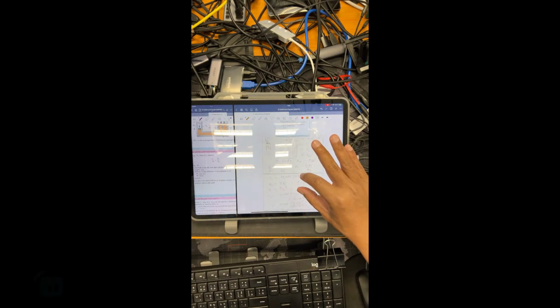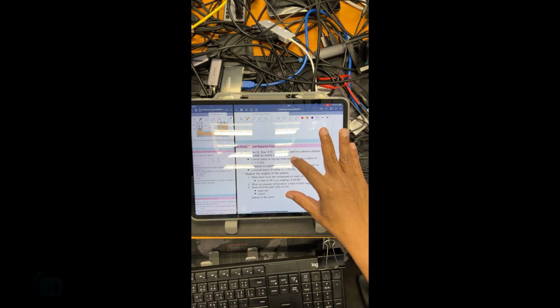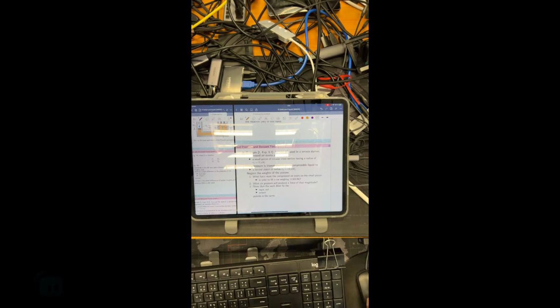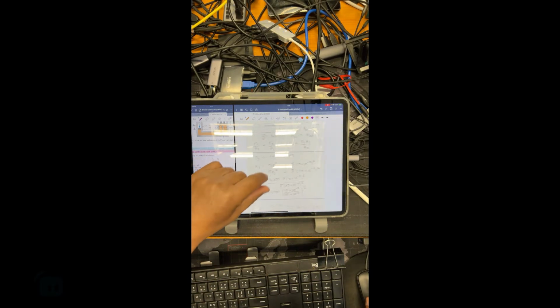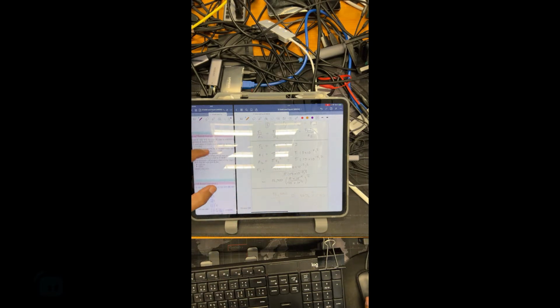Okay, the second question is right here. Let's check whether our solution is correct or not. F1 is right there. It's 1,000, right?